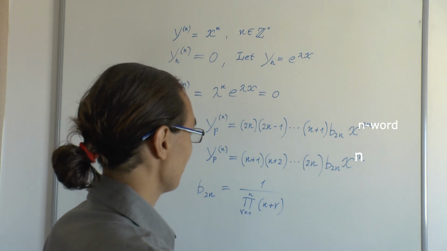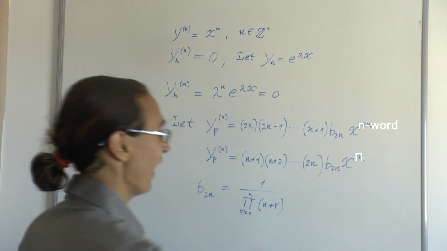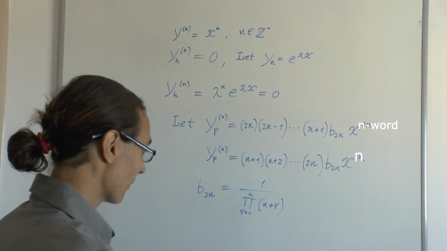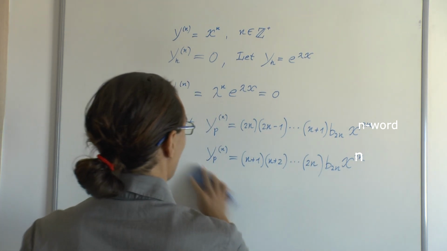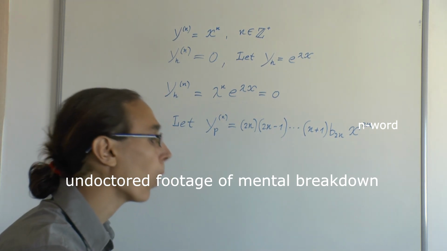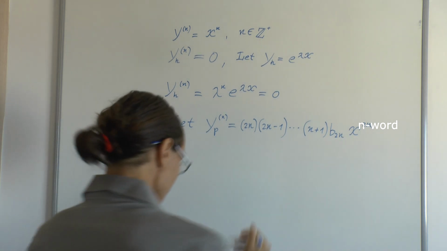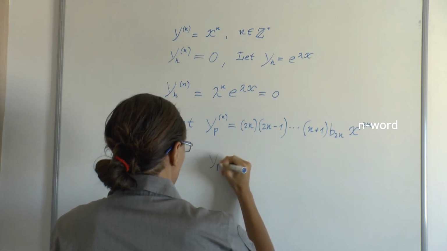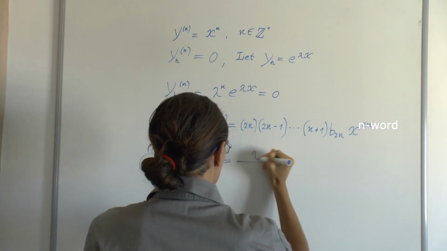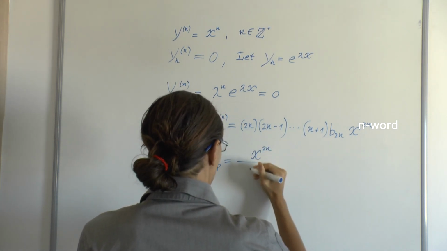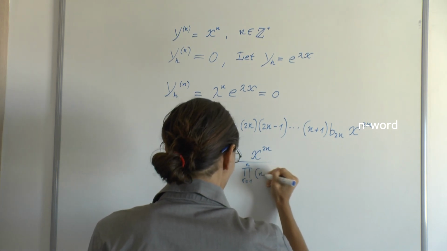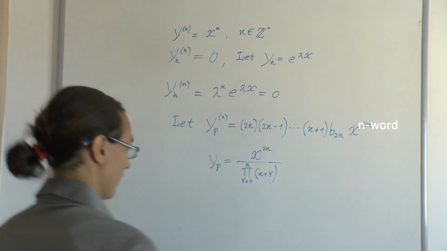And since we concluded that all the b's are equal to 0 except this one, our particular solution is then equal to x to the 2n over this thing. Alright.